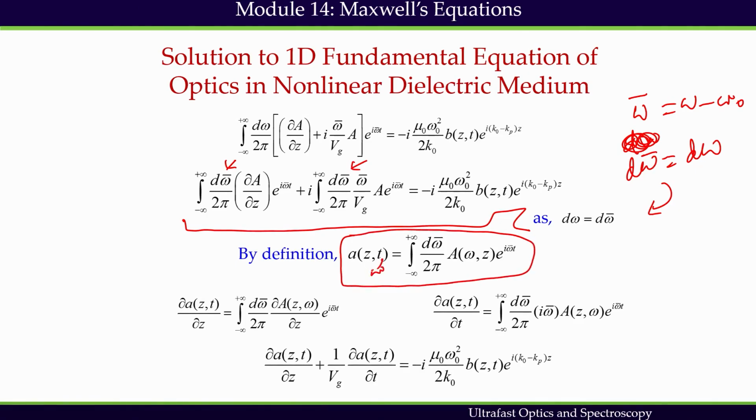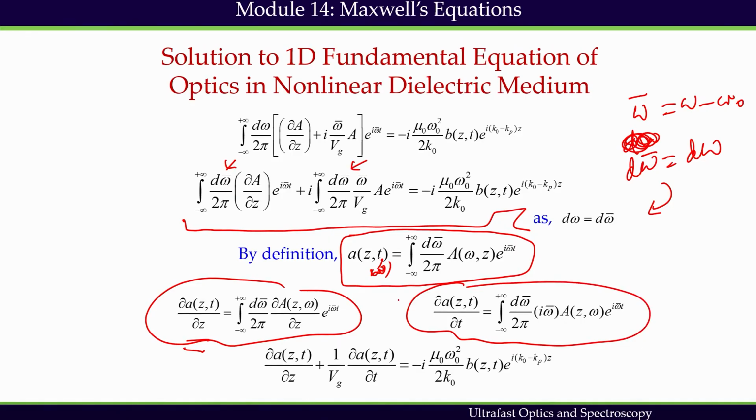This is also frequency dependent, and if we take the first derivative with respect to z, I get this expression, and with respect to t, I get this expression. So what does it mean? It means that this first term is nothing but the derivative of A, the field envelope of the emitted beam, with respect to Z, and the second term represents the derivative of the field envelope of the emitted beam with respect to T.